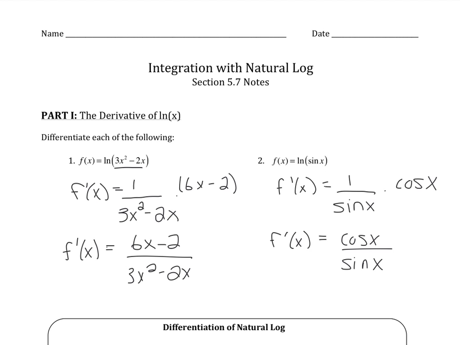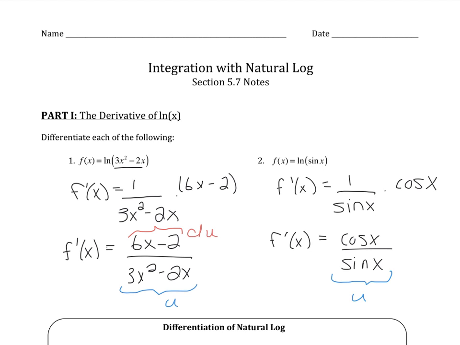Now, in this case, we could simplify this and say that that's cotangent, and eventually we will. But for now, I want to leave it because I want you to recognize a pattern here. Notice, in the derivative, we are seeing some function, I'm going to call this u, on the bottom in each of these, and then its derivative on top from chain rule.